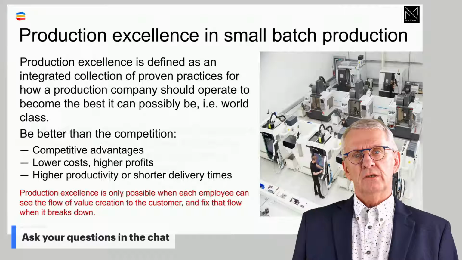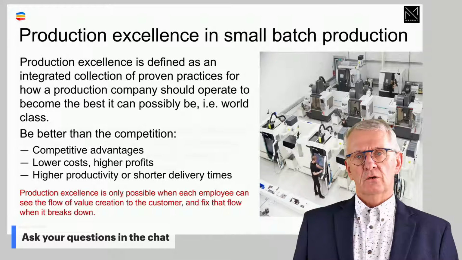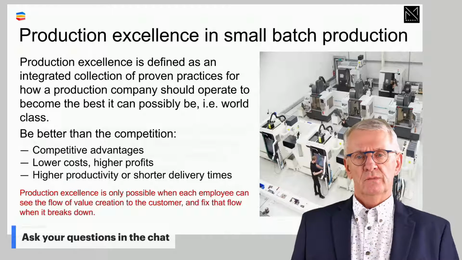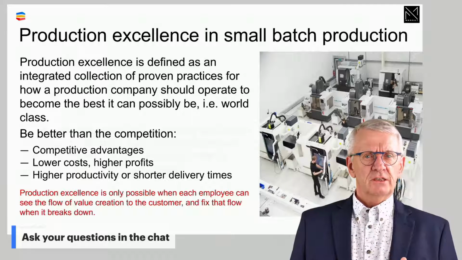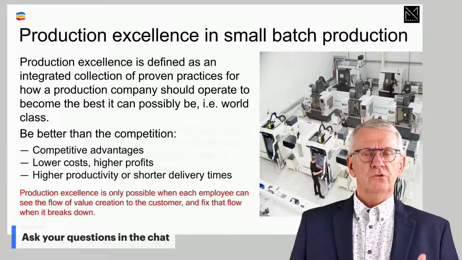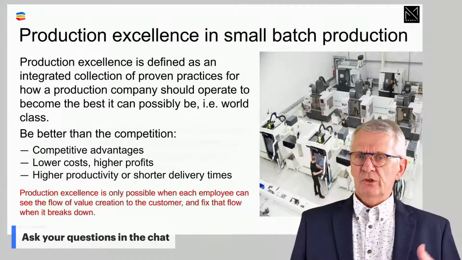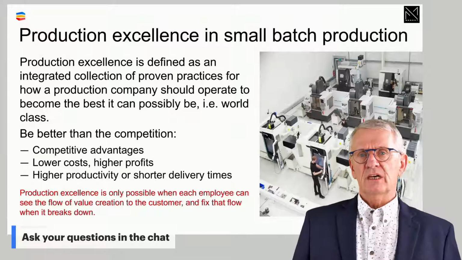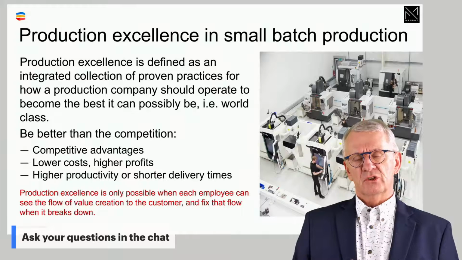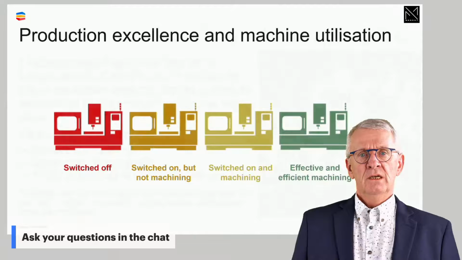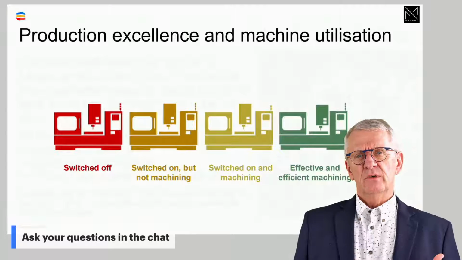But the moment something goes wrong, you need people to recognize something is going wrong, and you need people that know what to do to handle that issue. But to recognize if something is going wrong, people need to know what the target is. So production excellence is only possible if people have the knowledge about how value is created for a customer throughout the production chain.